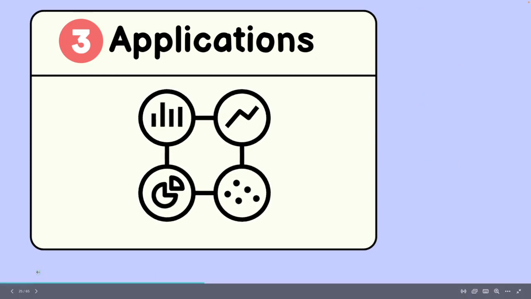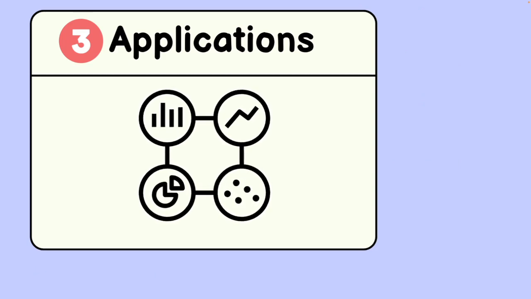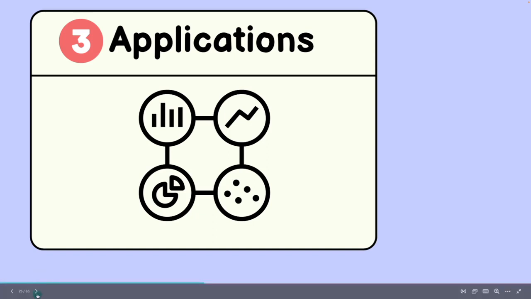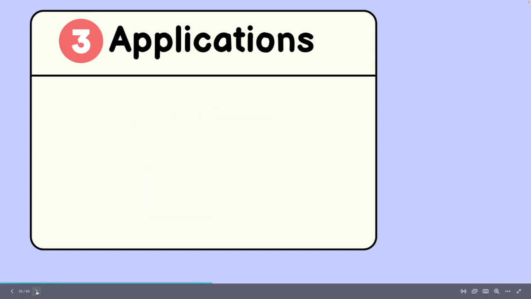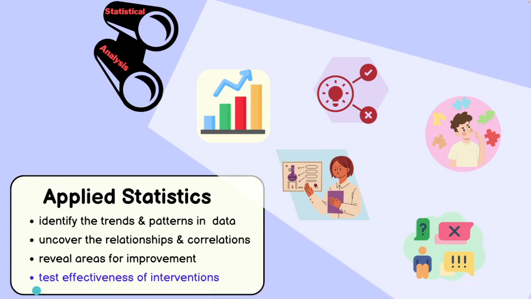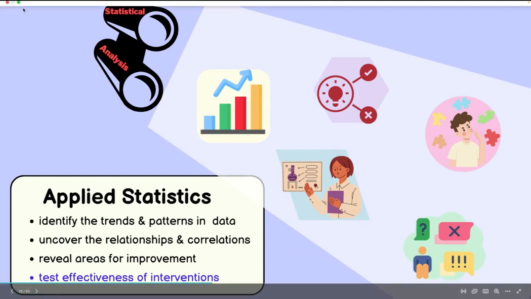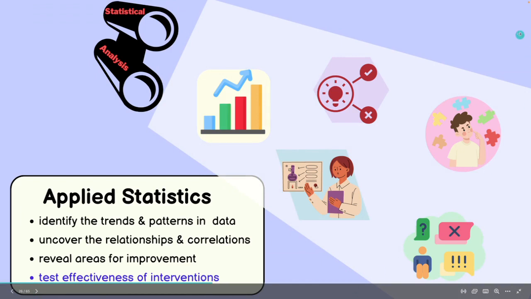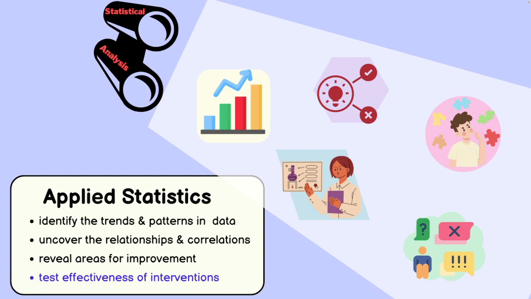And to speak directly to some of the ways that statistics have been applied in the past in the area of educational research, and this is just an overview, it is used in general to get some understanding of the trends and the patterns that exist in the data.